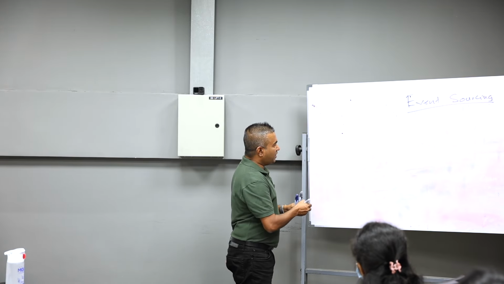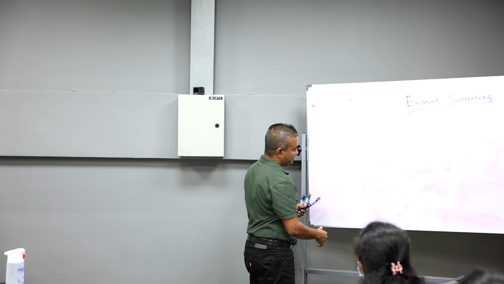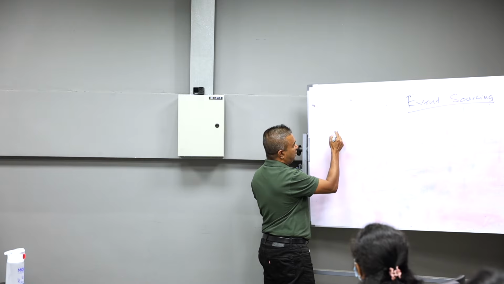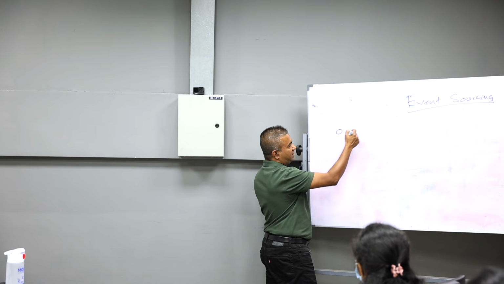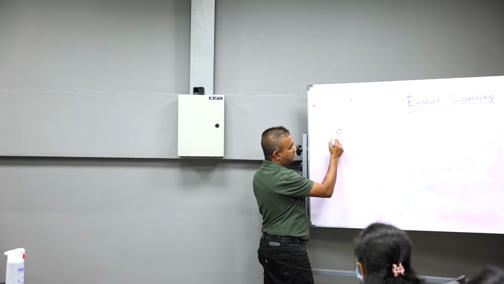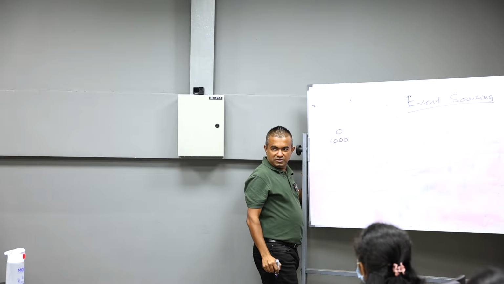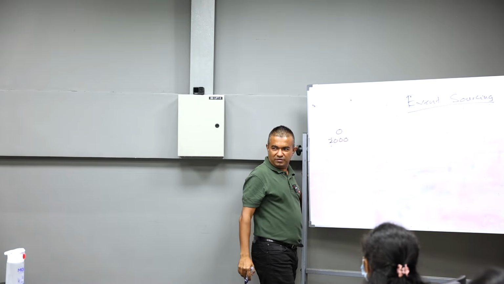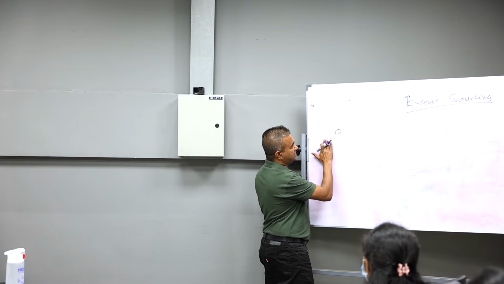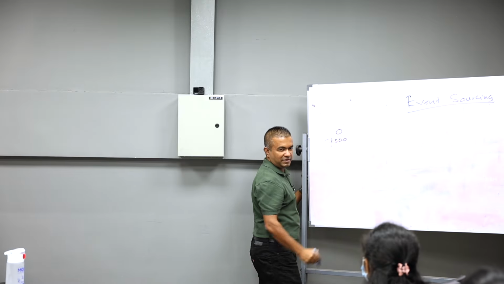For example, let us say what is happening to your account. There are two ways you can do it. Your account balance is 0, and then you add 1000 rupees. So, your account balance is now 1000. You add another 1000, your account balance is 2000. You withdraw 500, so now the account balance is 1500, like that.